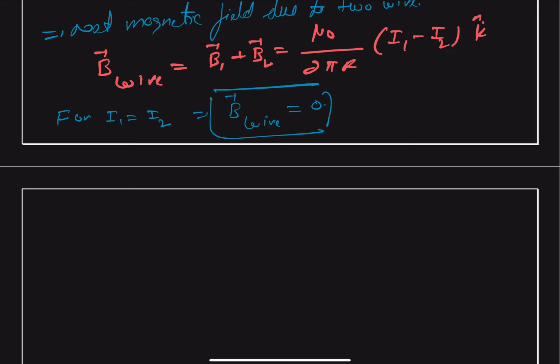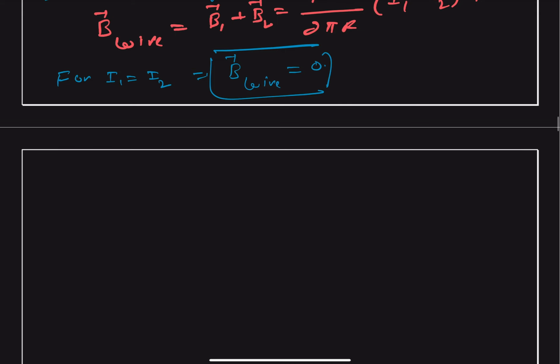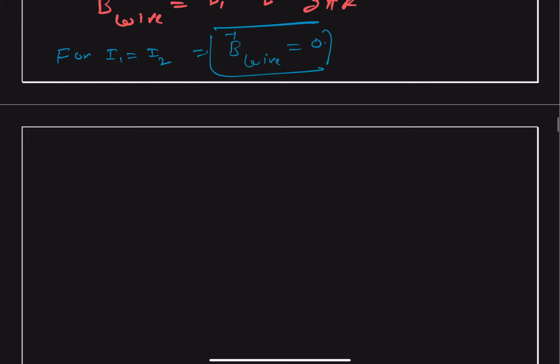But we also have a loop at a certain height. So we can say field due to loop at the origin.